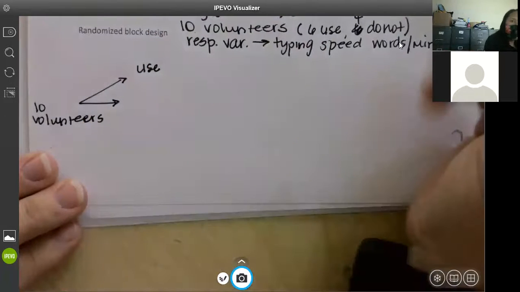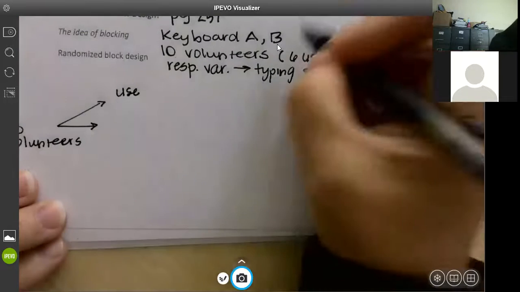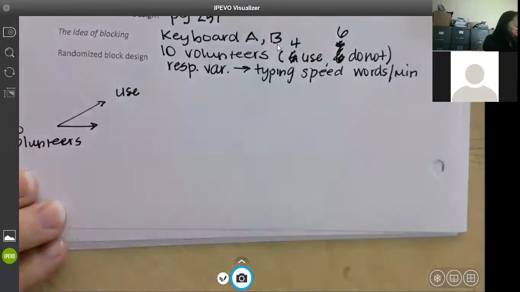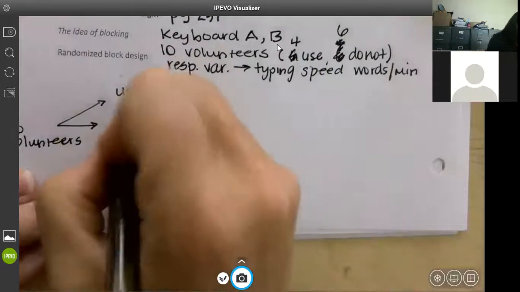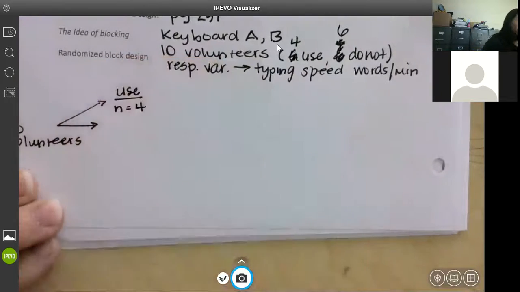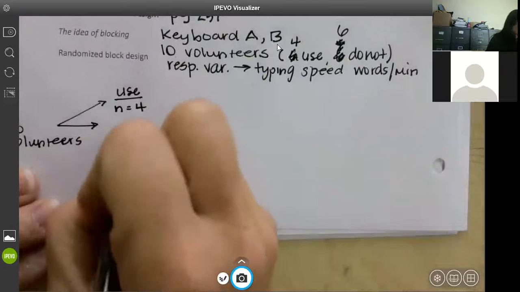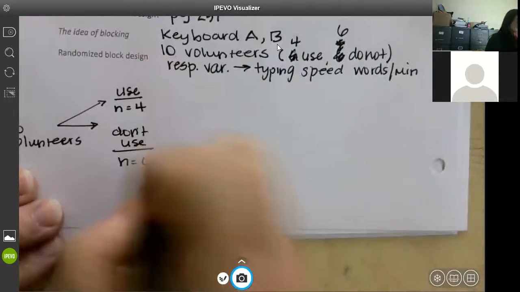I switched these 2 numbers, so fix them back: 4 use, 6 do not. We have 4 that use. This is what we're blocking. And 6 that do not.